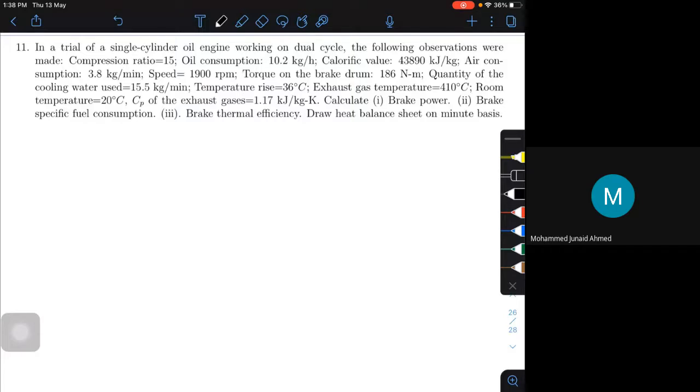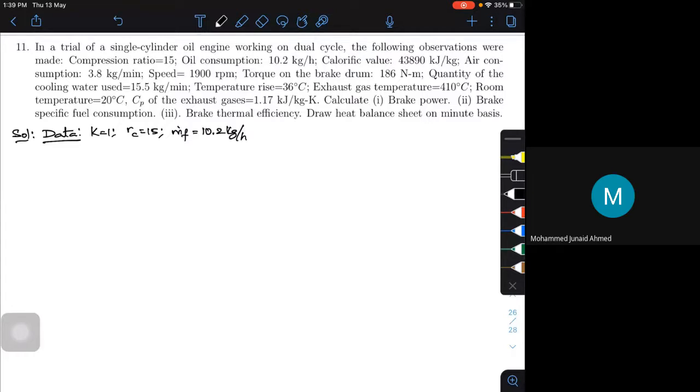Okay, let's try to write the data and solve it. Solution, data. Okay, so what all are they given? It's a single cylinder engine, so K is equal to 1. Compression ratio, that is RC, is equal to 15, and mass flow rate of the fuel is 10.2 kg per hour.